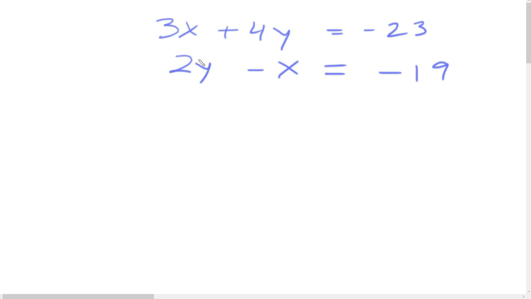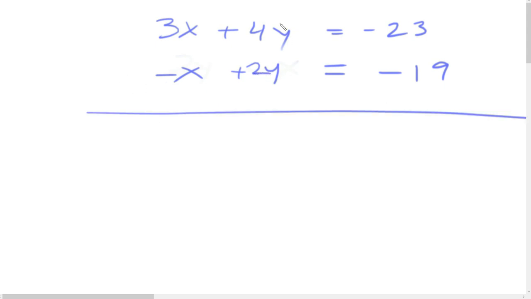First things first, I'd rather write the x underneath x and the y underneath y. So I should erase these 2y and negative x, and I should write these here: plus 2y and then negative x.